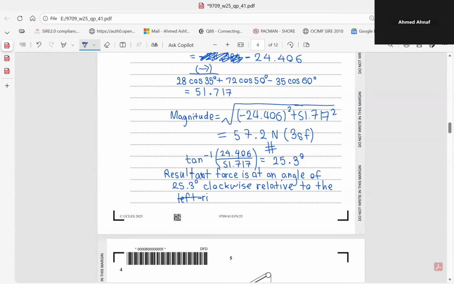Wait, no, right side, sorry. Right side of the horizontal axis.